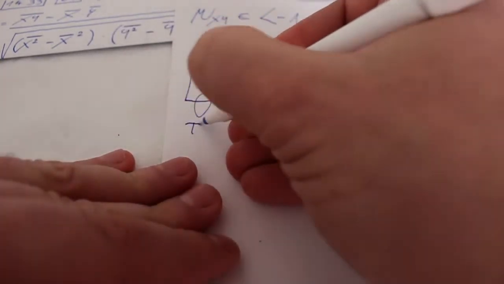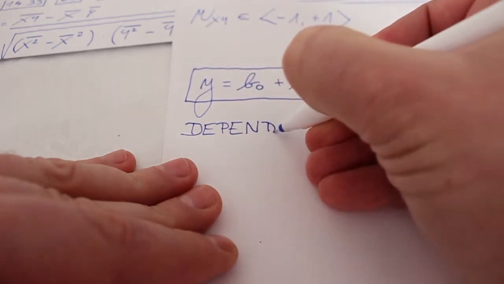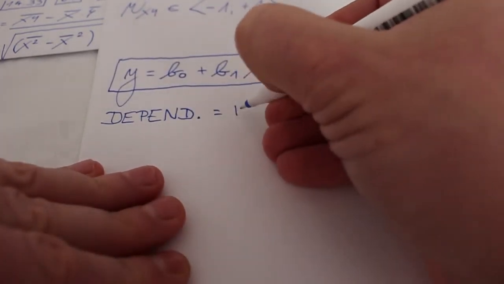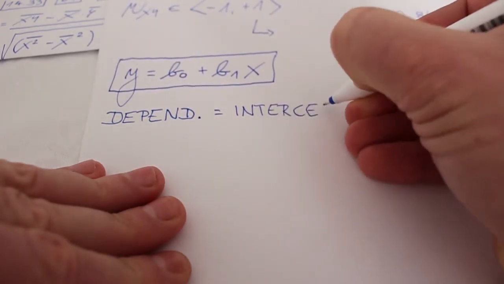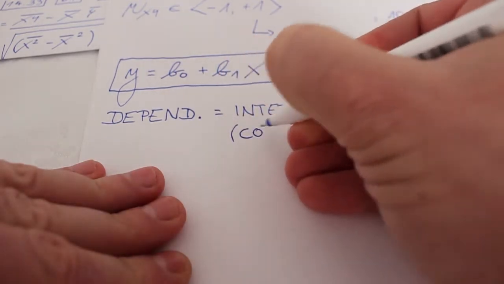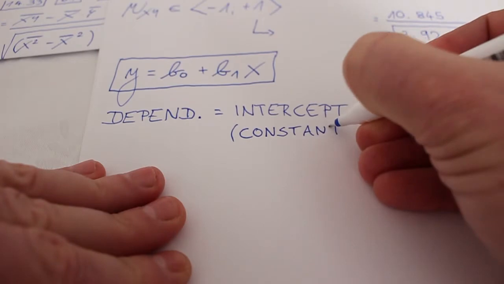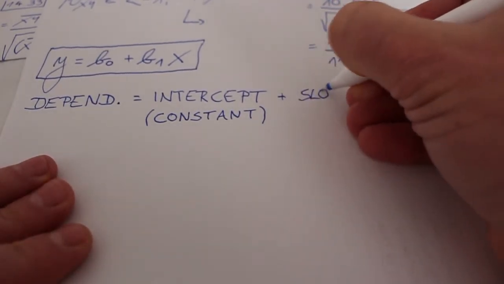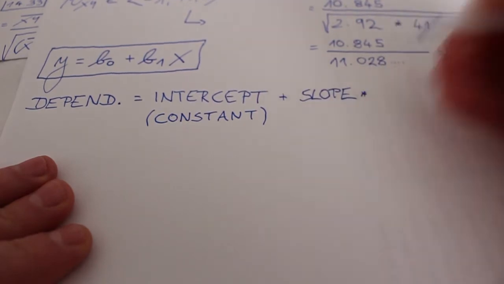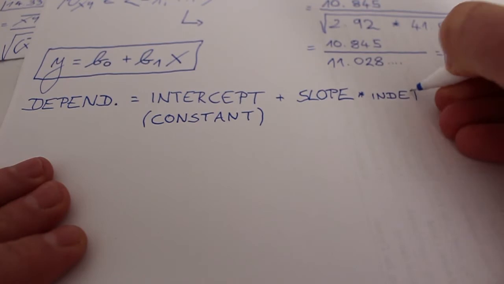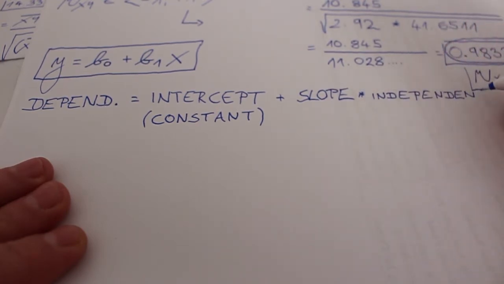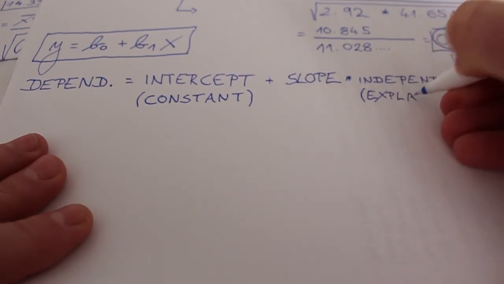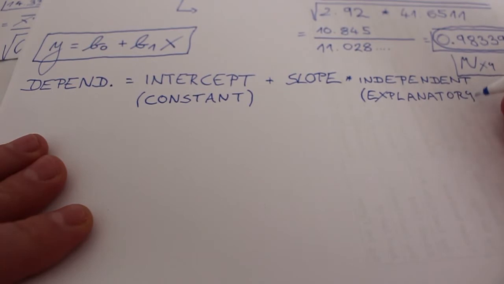We can write that the dependent variable is equal to intercept or constant of the model, plus b1, which can be called slope of this line, times independent variable, which is sometimes called explanatory variable.